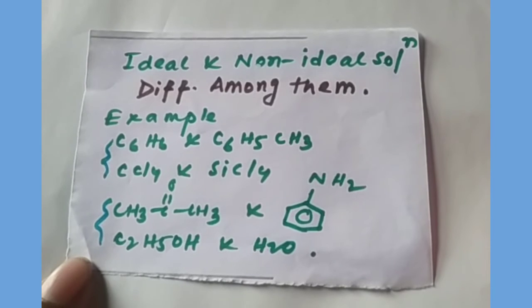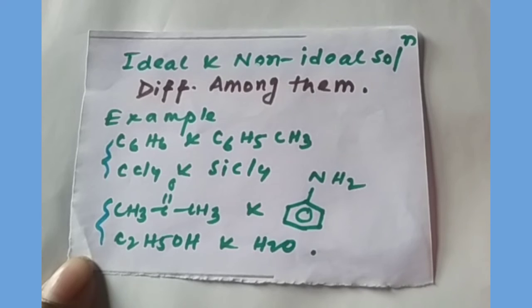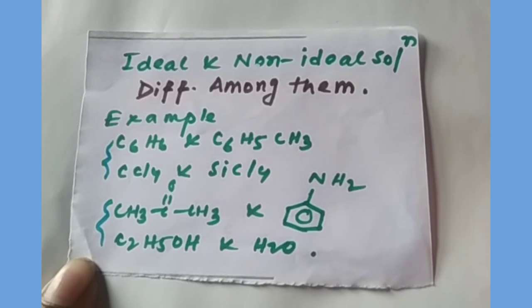You cannot say by just seeing the mixture, because you have to study well to say whether it is an ideal or non-ideal condition. Liquid pairs having similar character form an ideal solution, right?